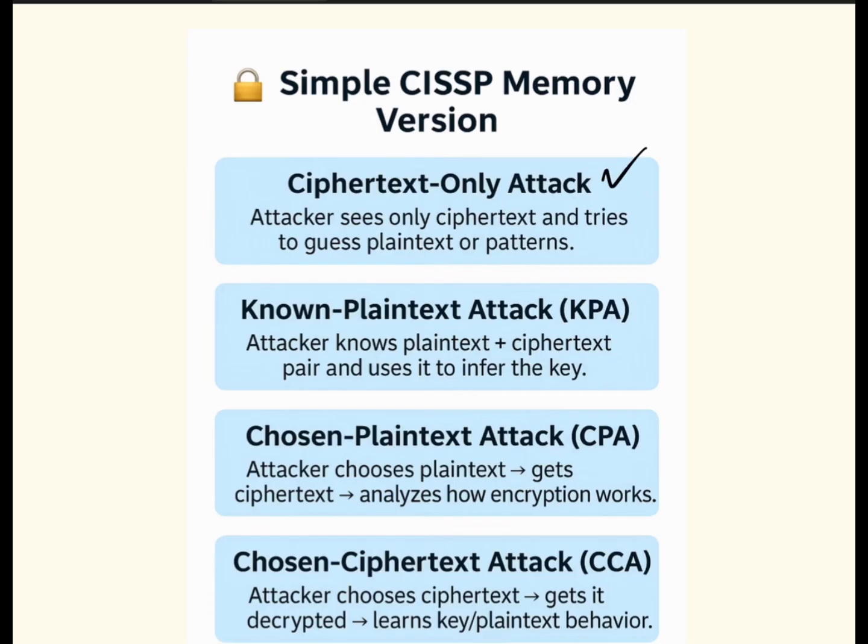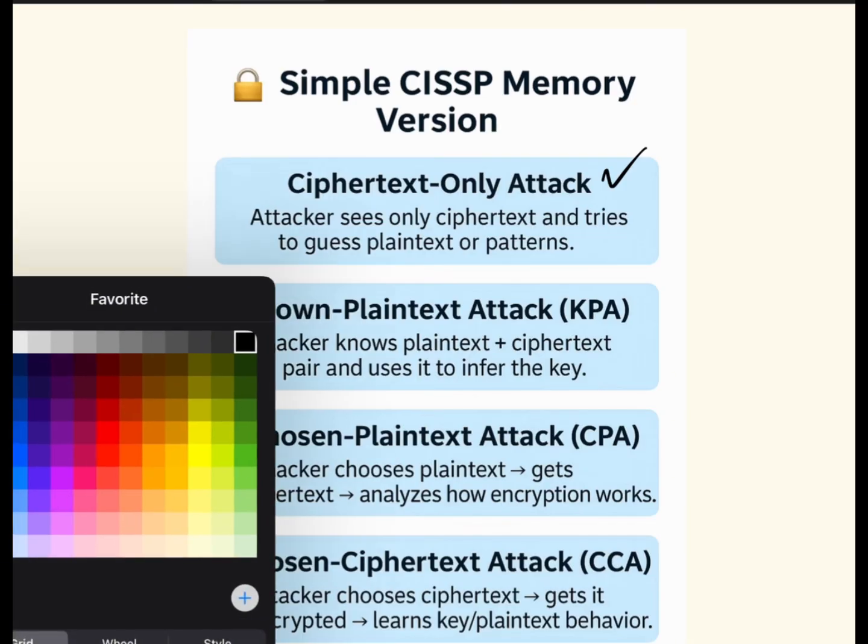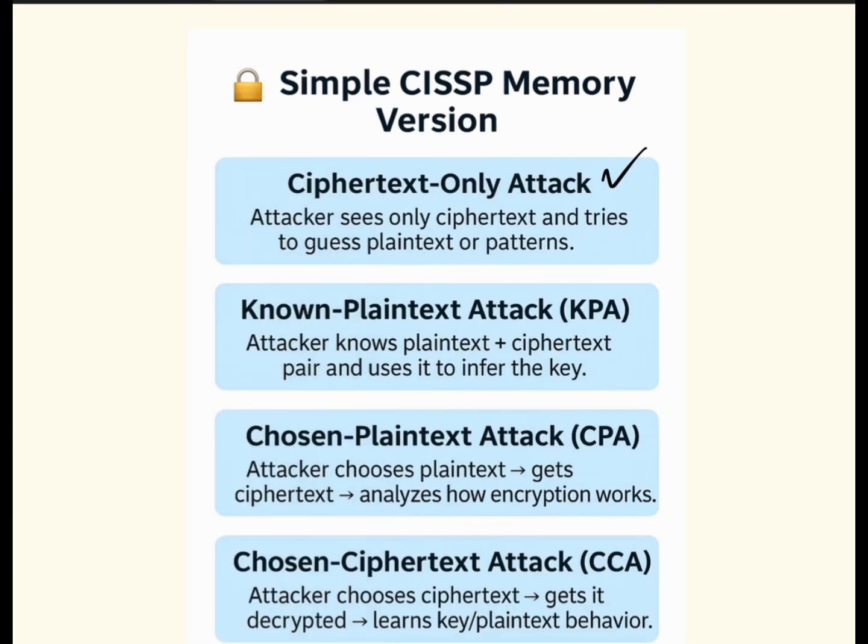The first attack, ciphertext only attack. Ciphertext only attack is an attack where the attacker has only ciphertext, the encrypted message. Only the encrypted message. So that is very important to know. Only ciphertext, encrypted message.